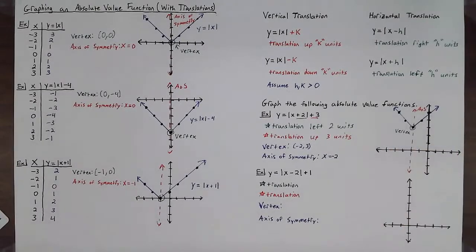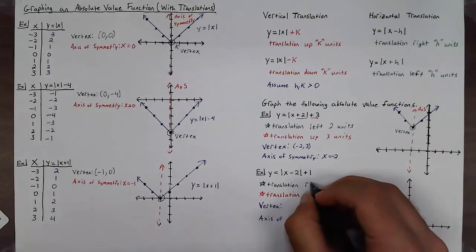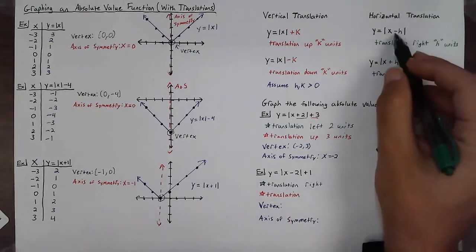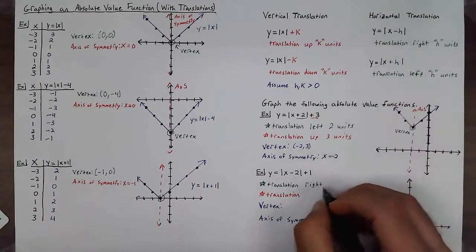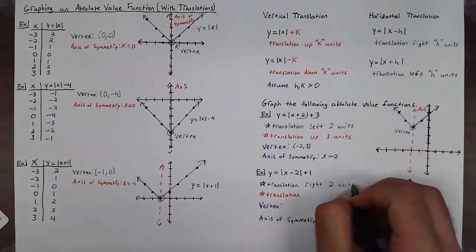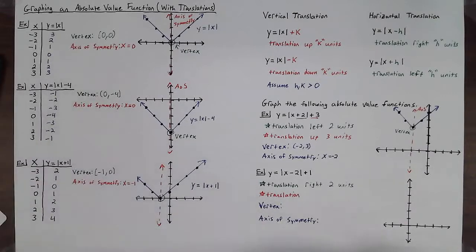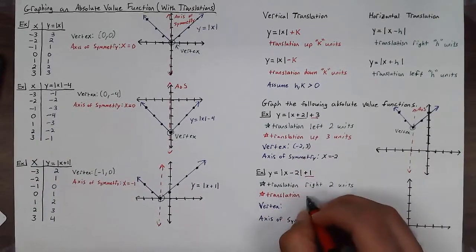We do the same thing for the next example. We'll see that we're subtracting 2, which means we're translating to the right this time. Since we're subtracting, we're going to the right 2 units. And we'll be translating up 1 unit.